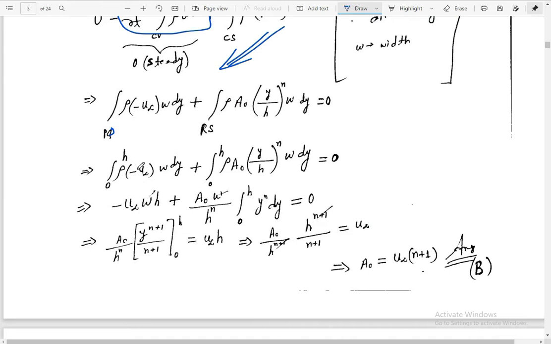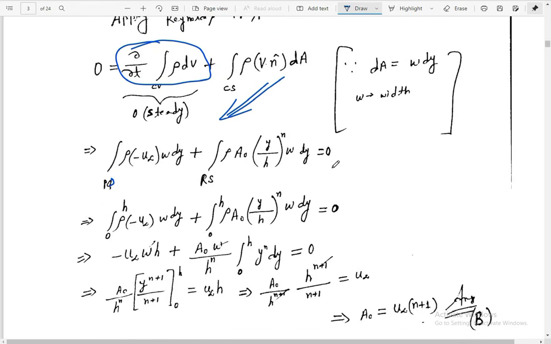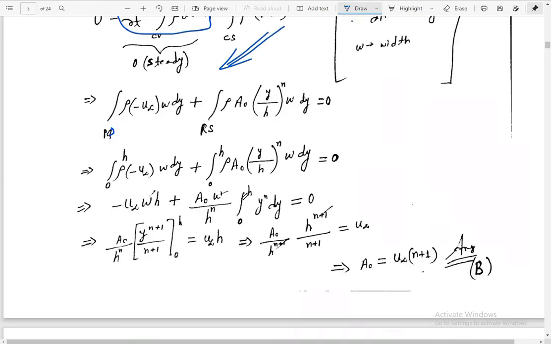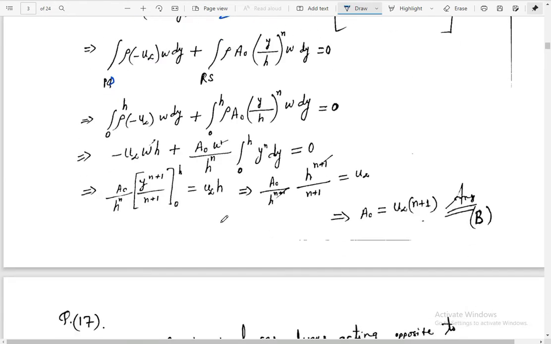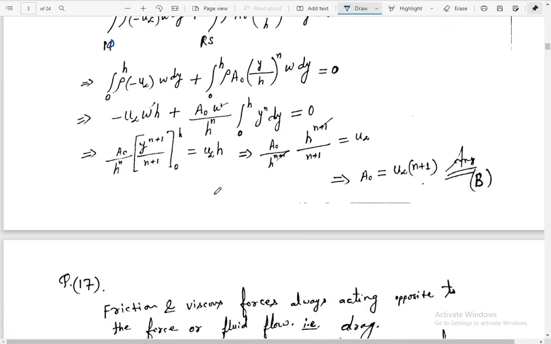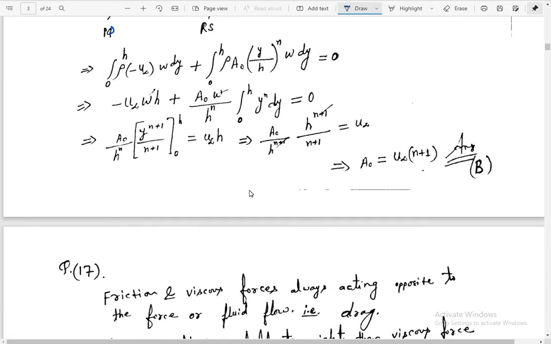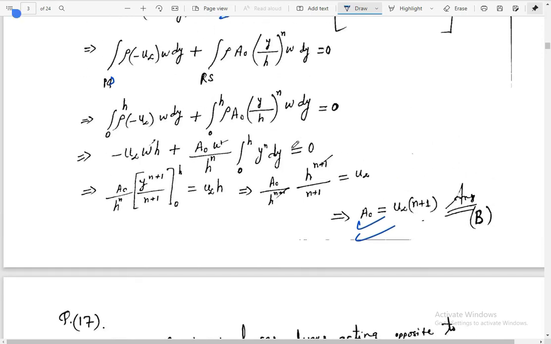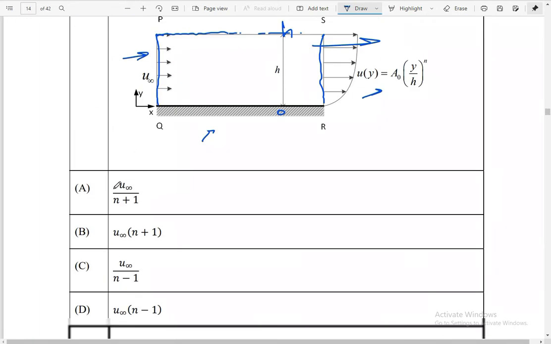So 0 to h, and after integration of this and after solving this we will have the a naught value. We will get a naught is equal to u infinity times (n plus 1). So the answer is, you can see here, B.